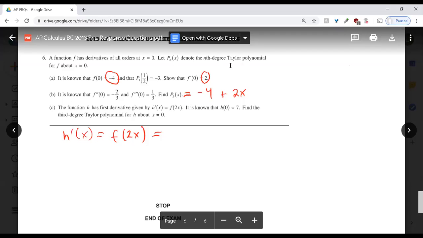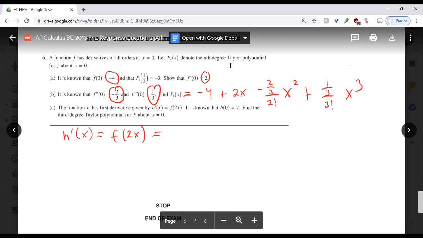Okay, then it's going to be, what do we have for the second derivative? It's -2/3 over 2 factorial, and then we have x squared since we're centered at 0, and then we have 1/3 for the third derivative. So that's going to be over 3 factorial times x cubed.